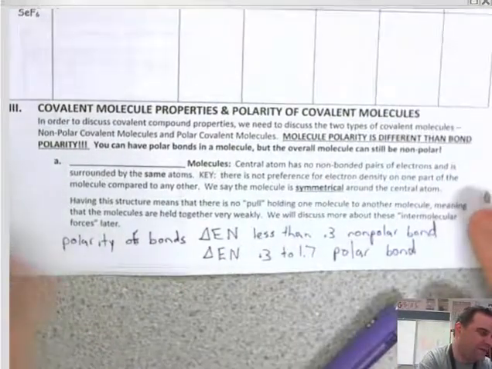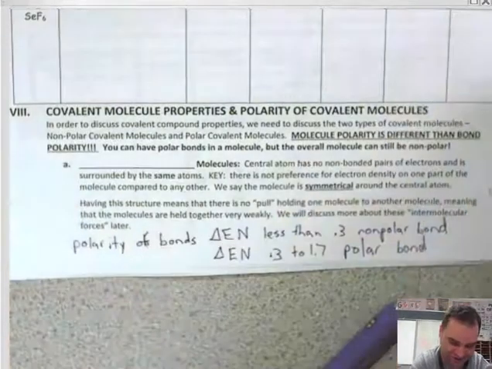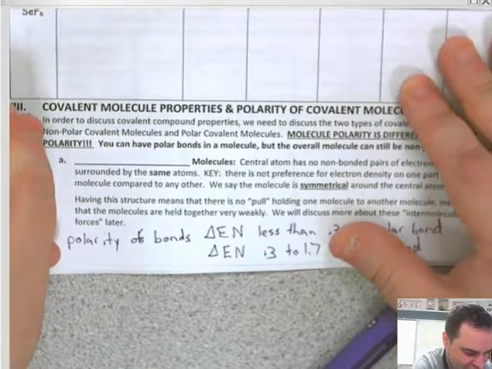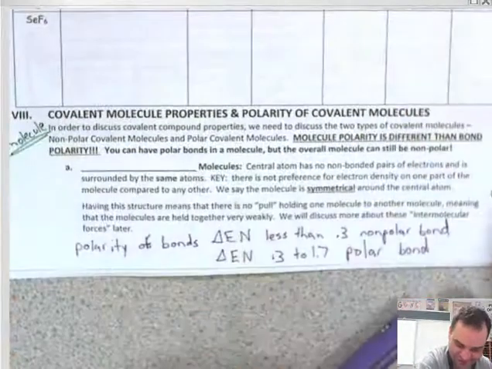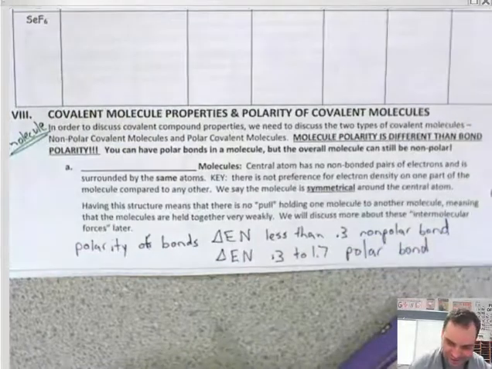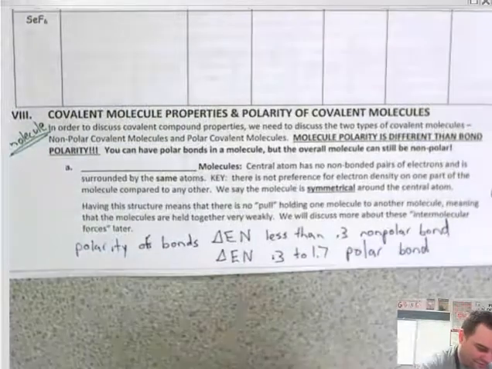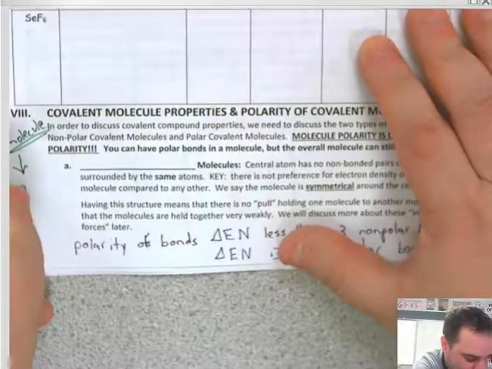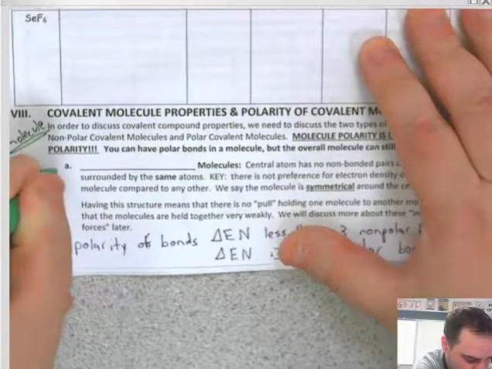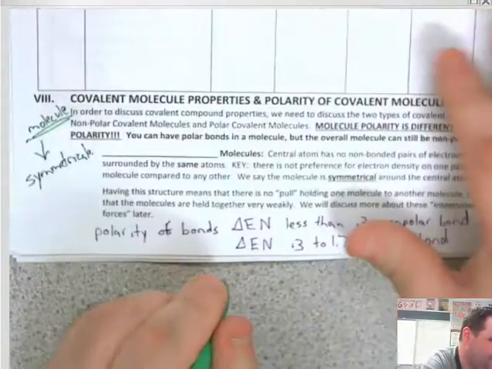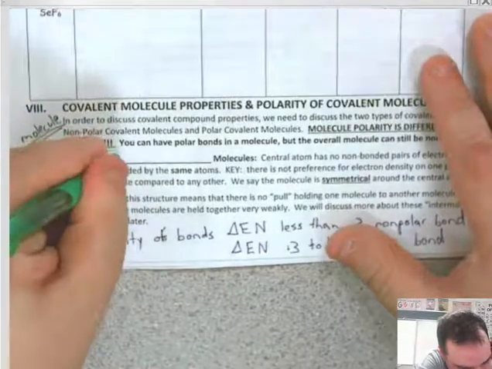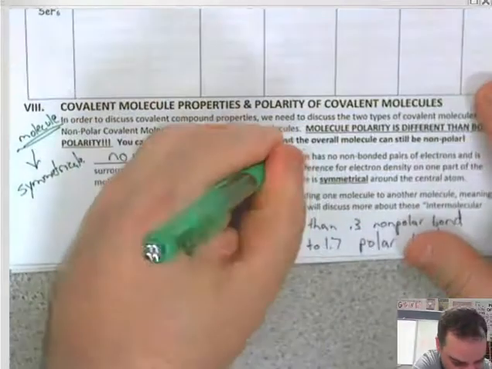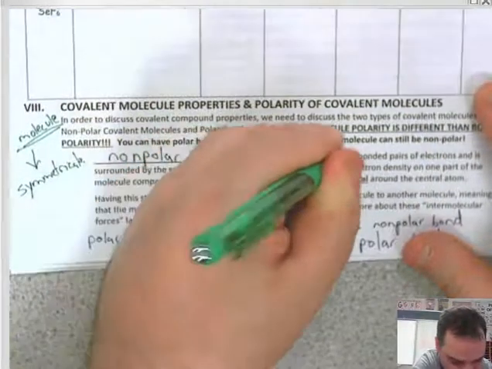But now we have to consider the molecule. There is a difference between the molecules and the bonds. Bonds are only talking about one line. For molecules, you have to consider the shape. For nonpolar molecules, the shapes are symmetrical, which means your dipoles cancel.